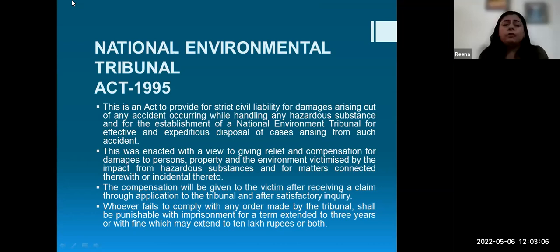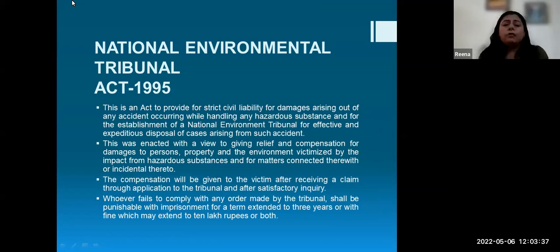So again, it is a kind of economic loss, and it is also very keen for projecting a good image of an obliging industry. So that image will be hampered if they are not taking care of all these environmental laws and regulations. Again, this act provides for civil liability for damages, and it has been enacted with a view to give relief and compensation for property and the environment.